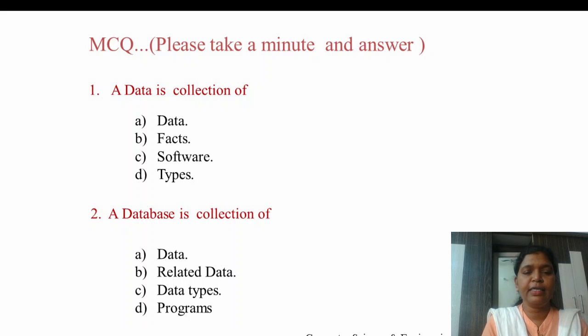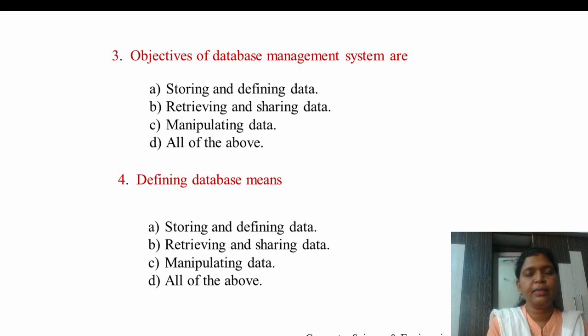Question one: data is a collection of A, B, C, D. What is it? Data, facts, software, types. Write down the correct answer. Okay. And the second question: database is a collection of data, related data, data types, programs. Hope you are getting it right. Now answer.